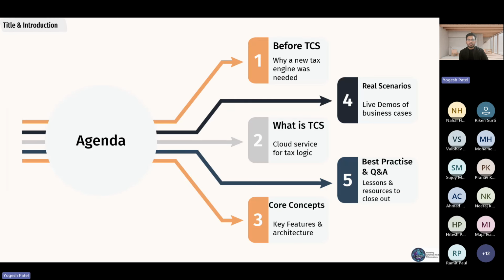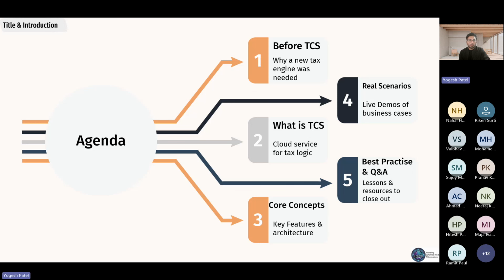Okay, here's a quick look at what we'll be covering today. We'll start with before TCS, understanding why Microsoft even needed a new tax engine, what the limitations were in legacy systems, and what challenges led to this evolution. Then we'll move to what is TCS. I'll explain it to you in the simplest possible way: what it does, how it works, and why it's cloud-based.